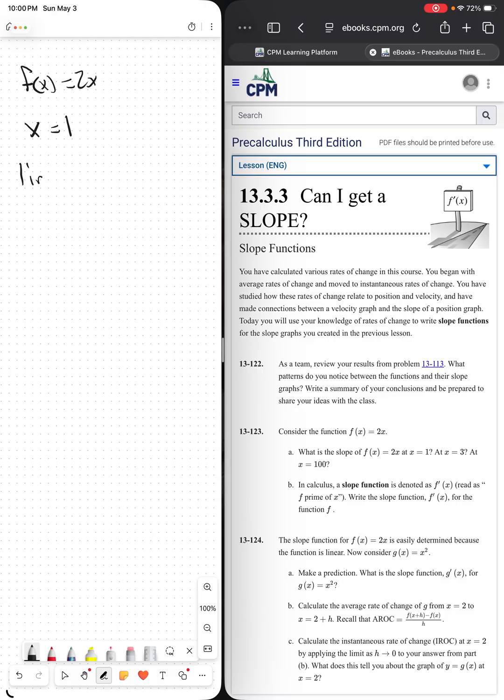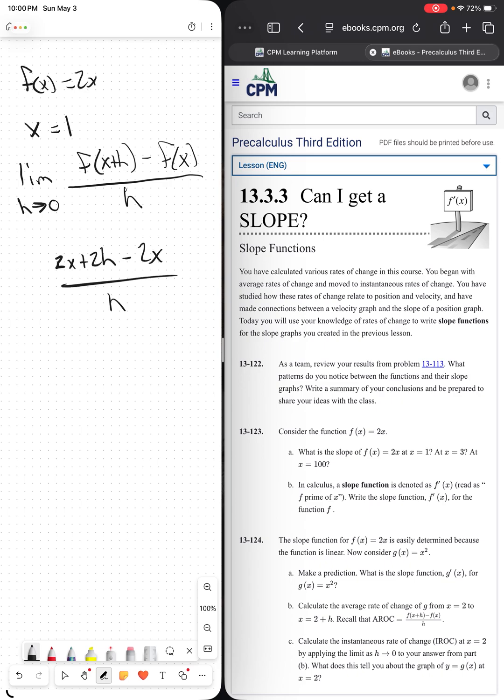It's the limit as h approaches 0 of f of x plus h minus f of x all over h. So this is 2x plus 2h minus 2x all over h. That is 2h over h, which cancels, and we get 2 as our slope.